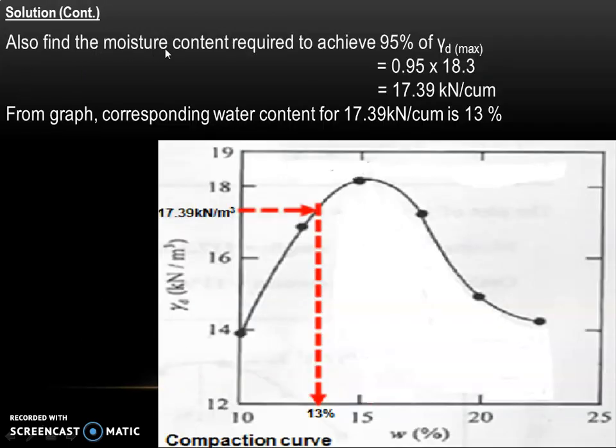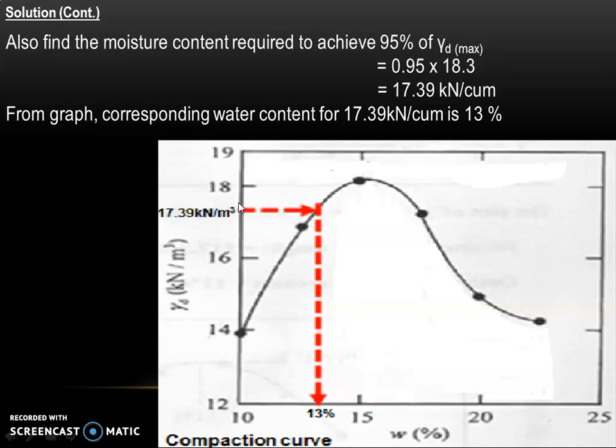We are also asked to find the moisture content required to achieve 95% of gamma D max. 95% is written as 0.95 into gamma D, which we obtained from the compaction curve, that is gamma D max is 18.3. We get the value as 17.39 kilonewton per cubic meter.